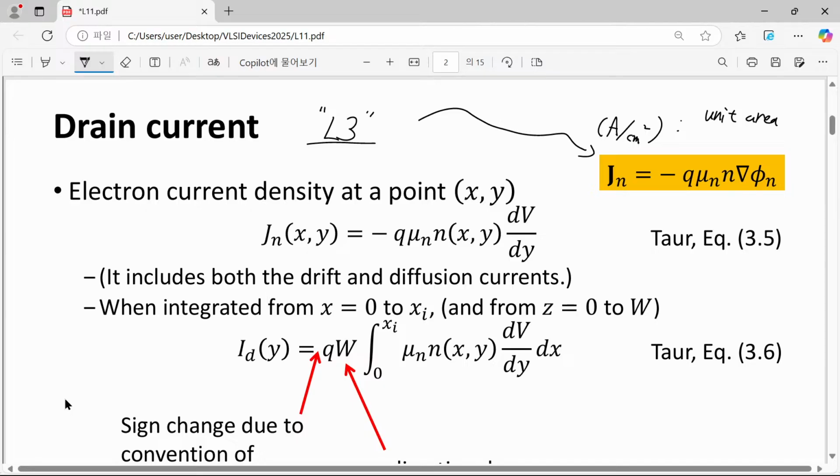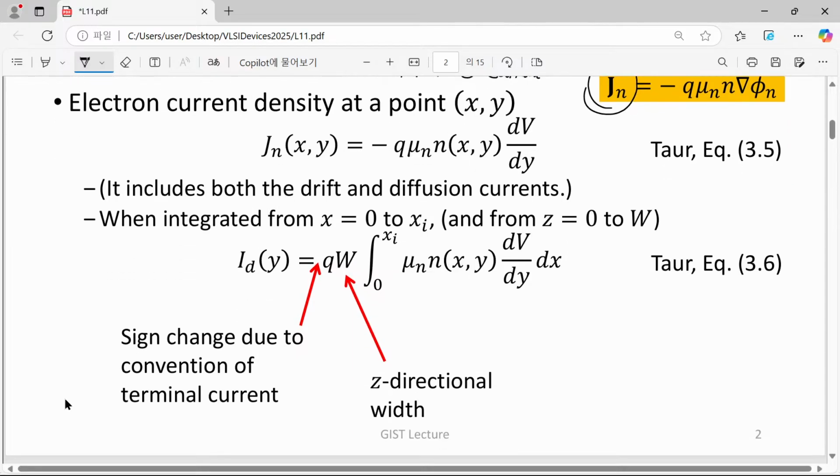How much current is currently flowing? That is described by this current density. So in order to get the actual terminal current, what you have to do is integrate this current density over the terminal area.